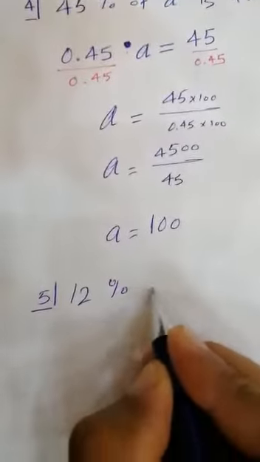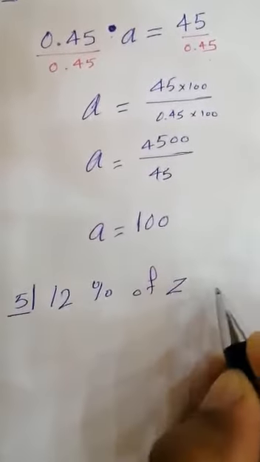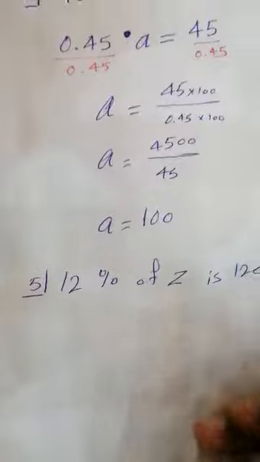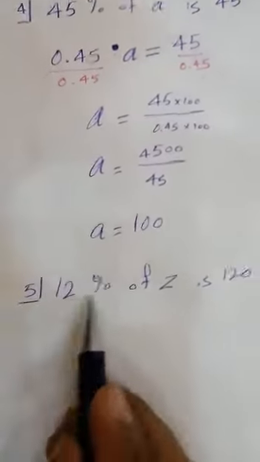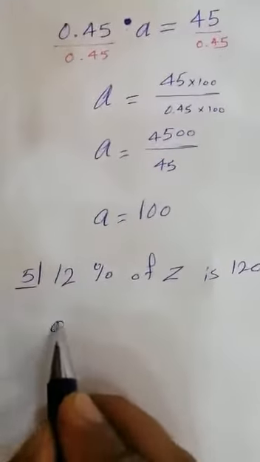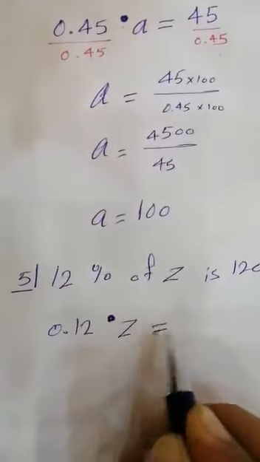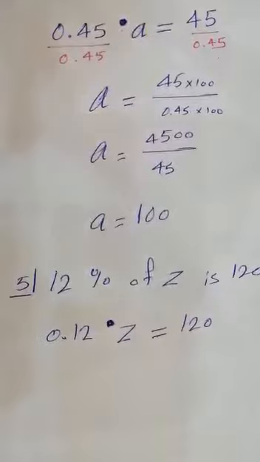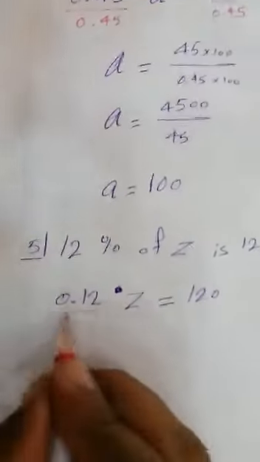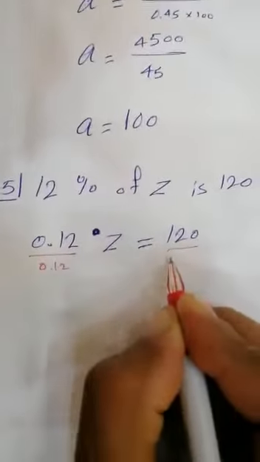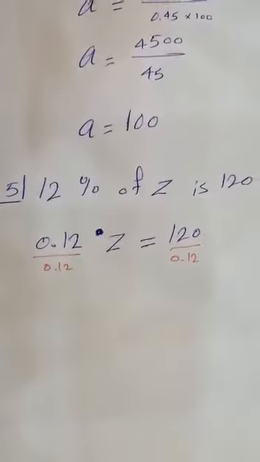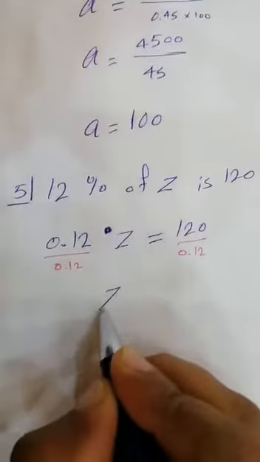12% of z is 120. Now here we want to write 12% as a decimal. 0.12 of means multiply z equals 120. Now what we do, we divide both sides by 0.12 divided by 0.12, then z equals.